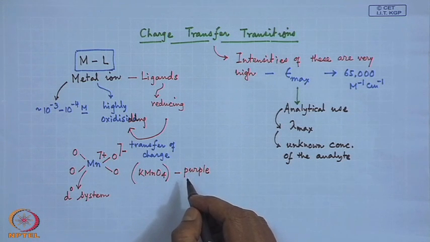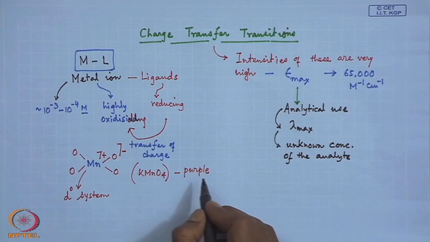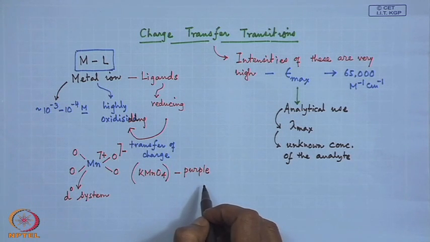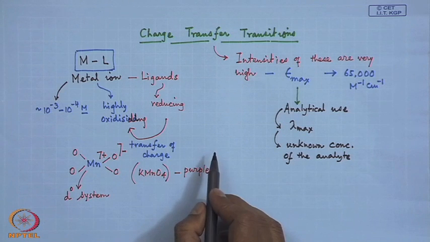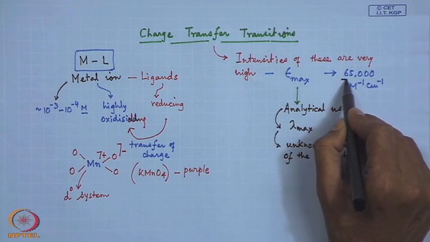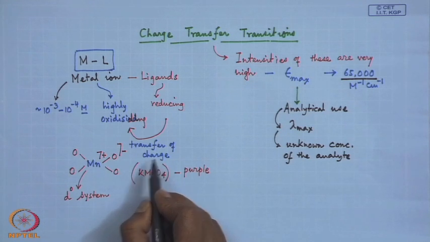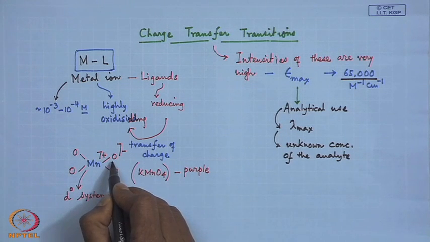In solution, if we take a sample of potassium permanganate, which is highly soluble in water, and try to measure the corresponding electronic spectrum, we find the characteristic absorbance related to the lambda max values, and the epsilon max is also pretty high, in the order of several thousands. This can be characterized in terms of the transfer of charge from the oxygen atoms.